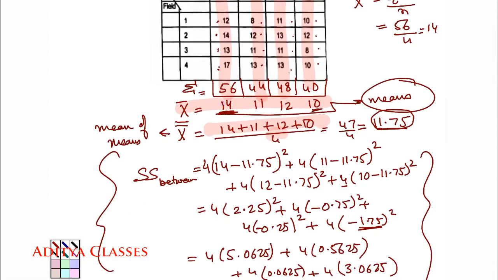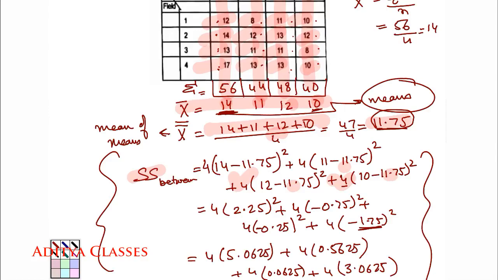Fine. And then from all these means, 14 minus 11.75, 11 minus 11.75, 12 minus 11.75, 10 minus 11.75, I took all these deviations and in fact squares of deviations, sum of squares, and then all of those were multiplied by the respective number of elements, 1, 2, 3, 4 in first, 1, 2, 3, 4 in second, 1, 2, 3, 4 in third, 1, 2, 3, 4 in last one also.